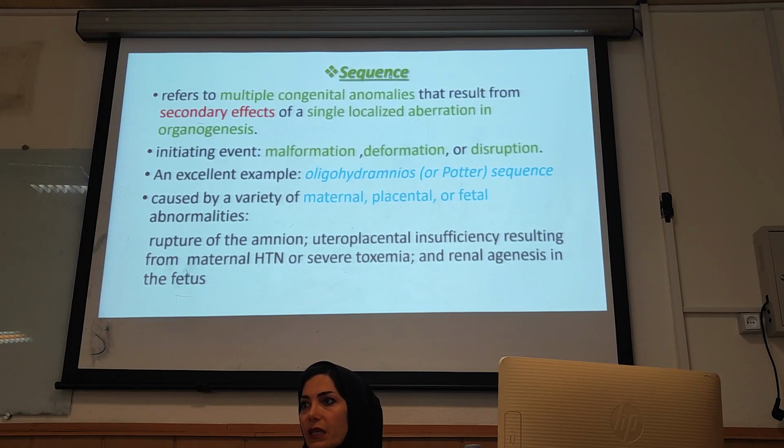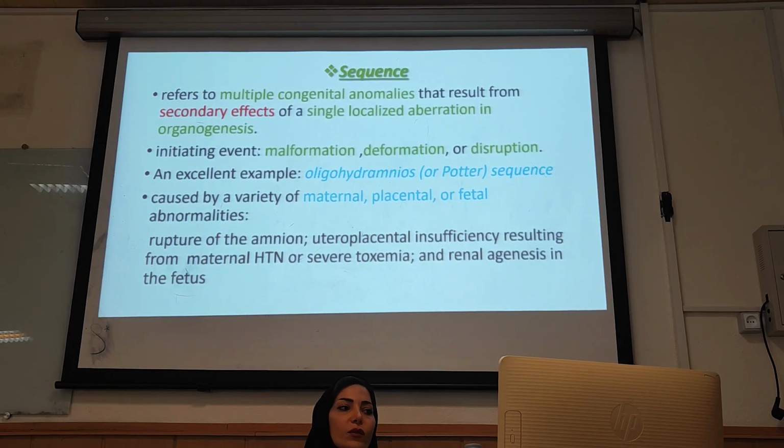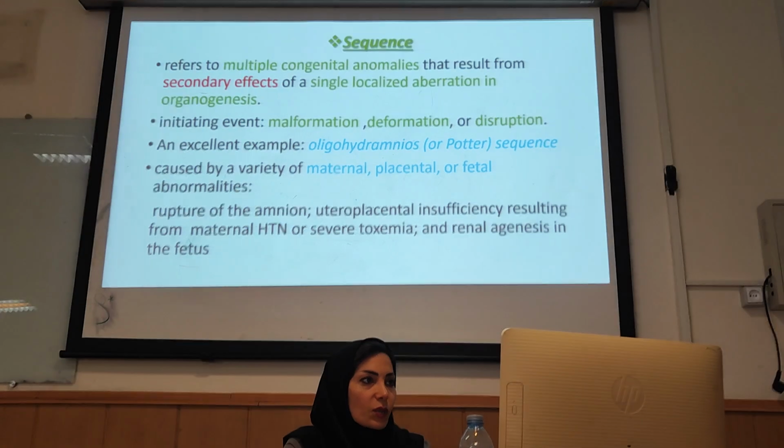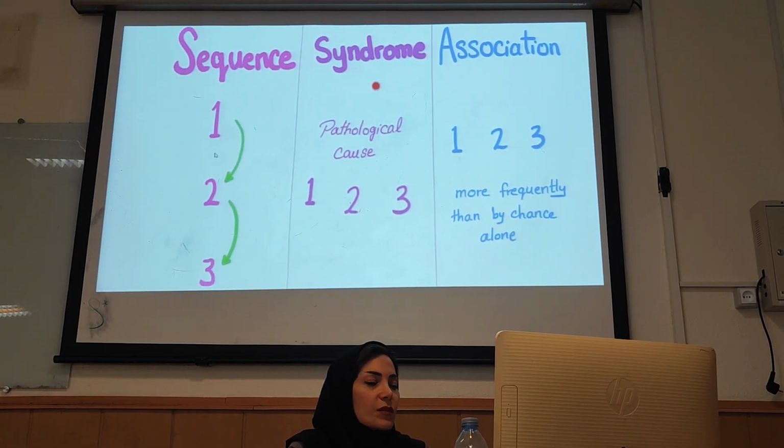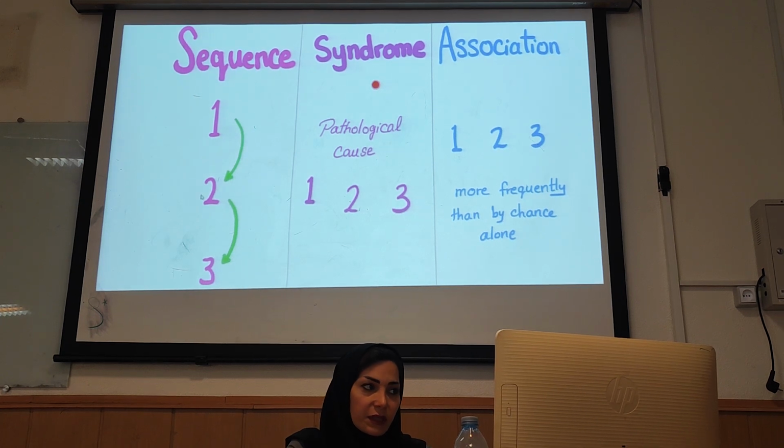And the last one is sequence. Oligohydramnios is the best example for sequence. In the sequences, you see some events. The first event is the cause of the second event, and the second event is the cause of the third event.